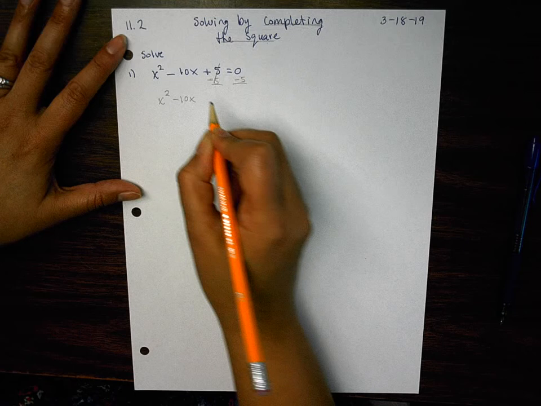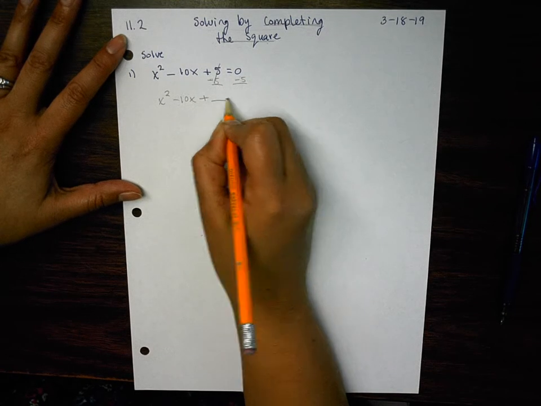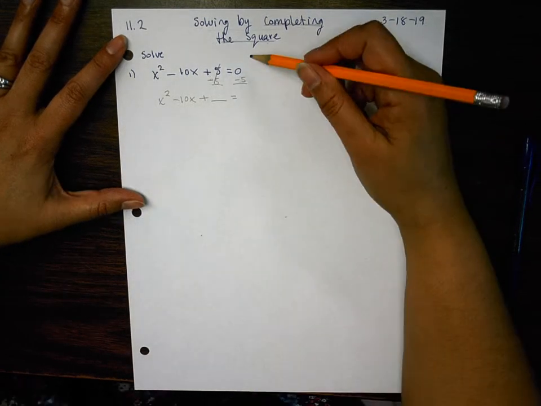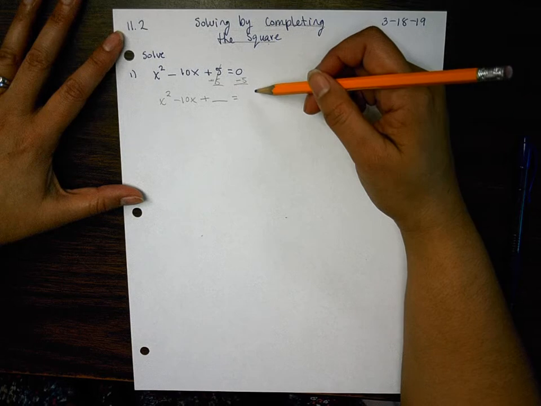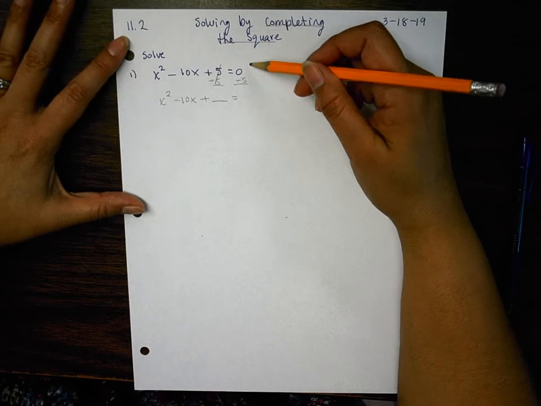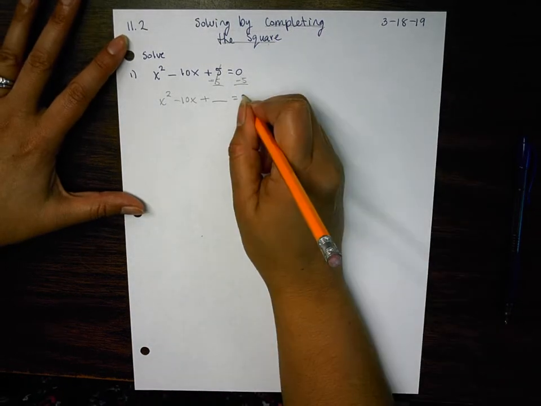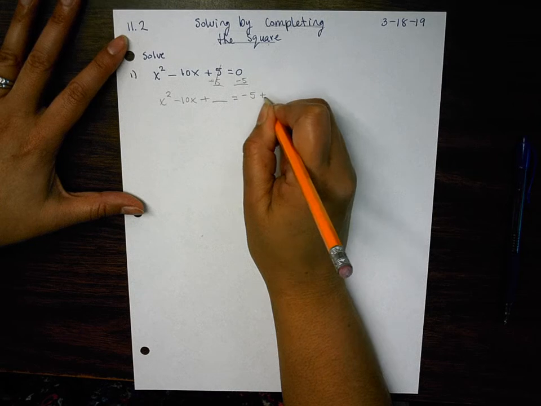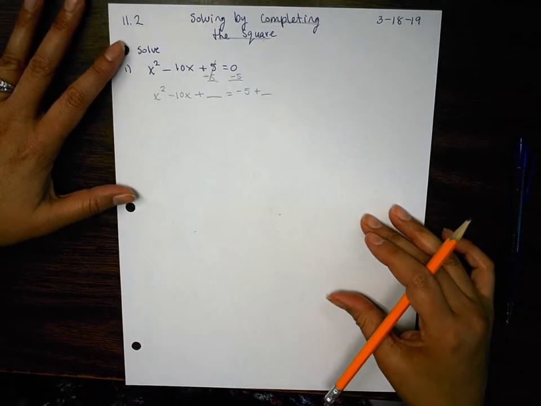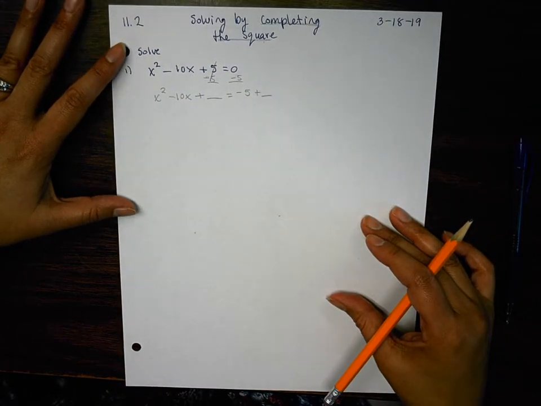X squared minus 10x plus blank equals, now last week we wrote it y minus 5, but there's no y there anymore. What's 0 minus 5? Negative 5. And what I add to one side, I must add to the other. Does everybody see that? Okay, are we good?